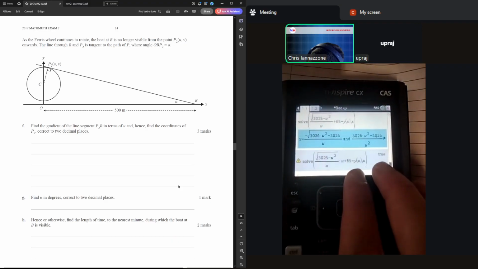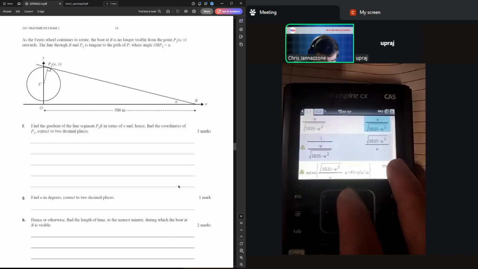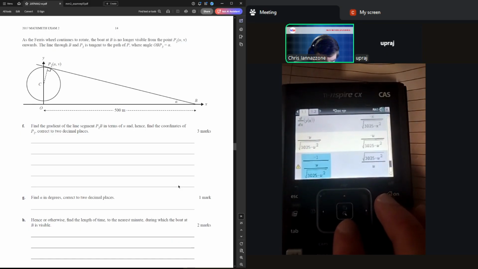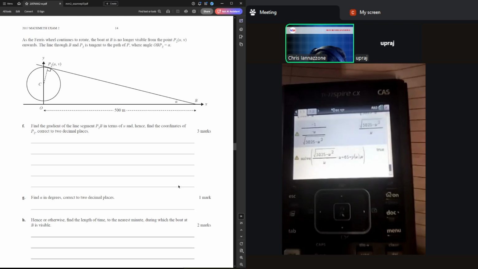Generic normal line is equal to that. Why did that happen? This, replace, -1 over, and then the y equals mx plus c, the normal, equal to, well, let's just figure out what y of u actually is. Did I do that right?